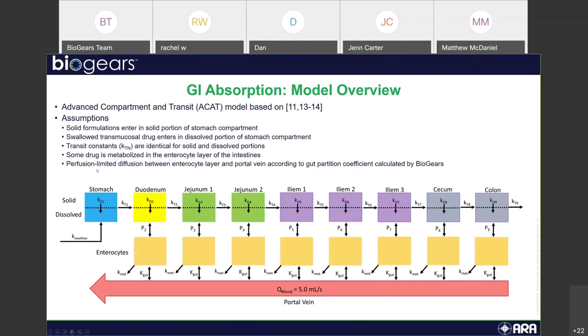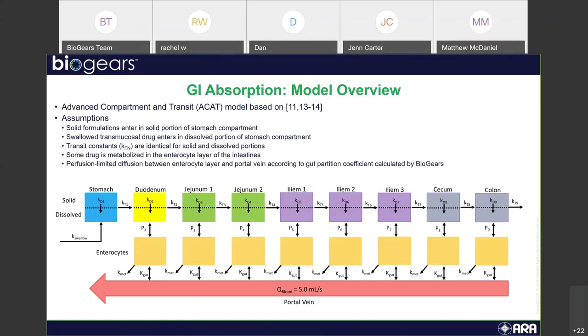We have these transit constants that dictate how quickly the drug moves through the lumen of the small intestine. And in each lumen compartment, there is permeation from the lumen into what's called the enterocyte layer of the small intestine. And so this is essentially diffusing through the lining into the bloodstream.